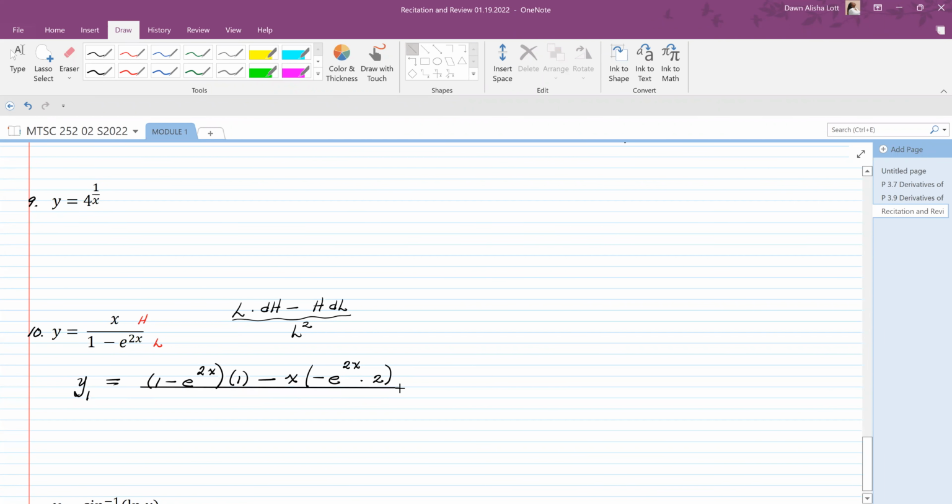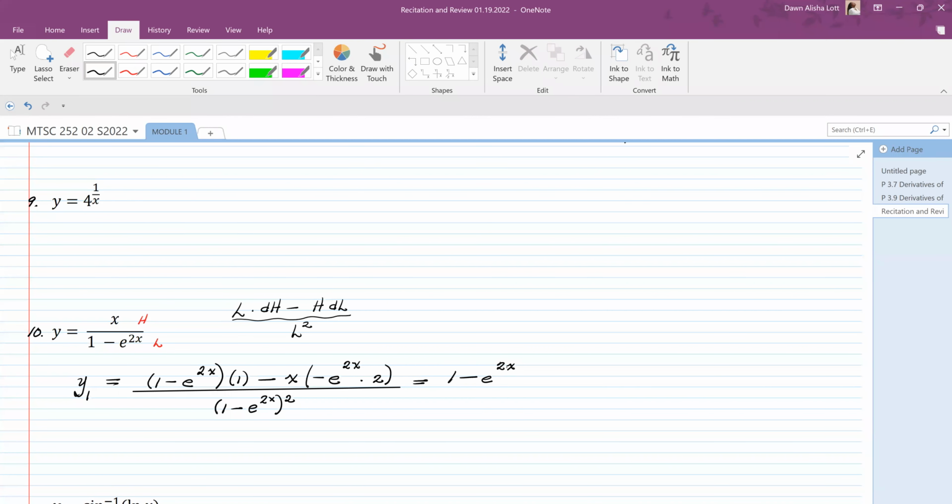Okay, all over 1 minus e 2x squared. All right, simplify that. So the 1 minus e 2x cancels out on top. You can't cancel, because every term doesn't have a 1 minus e to the 2x.